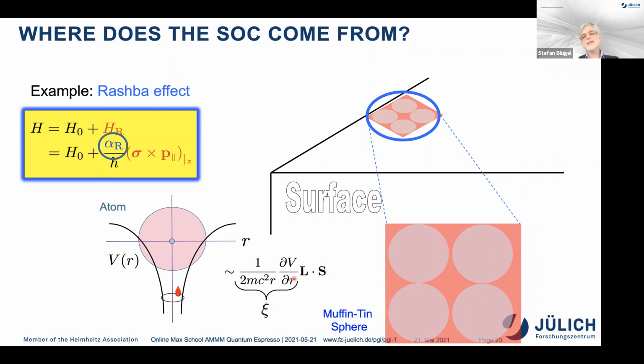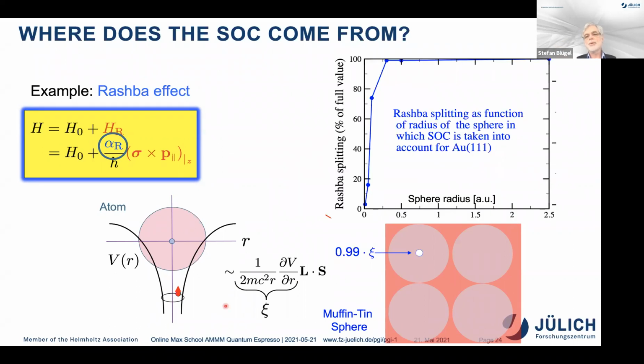And sometimes these electrons are far away with a certain probability in this homogeneous electron gas picture. And with some probability, it is in this tail where it sees this strong spin-orbit interaction. If you put this all together, you can ask yourself, where in the hell is the spin-orbit interaction created? And then you see 99% of this spin-orbit interaction comes from a very small region around the atom.